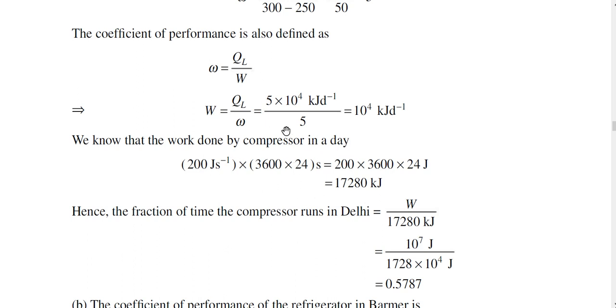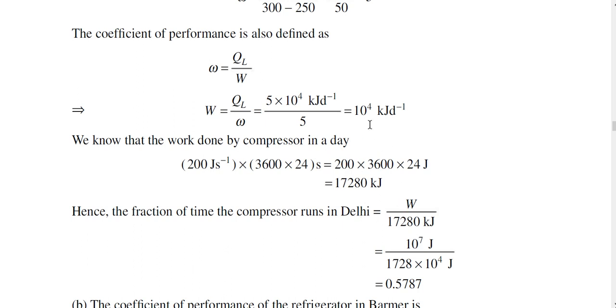So if this is the total work done by the compressor in a day, the fraction of time the compressor runs will be the ratio of this W, that is this work, divided by the total work done. So now 10 to the power 4 kilojoule means 10 to the power 7 joule per day. It is in per day unit, and this work is also done in a particular day.